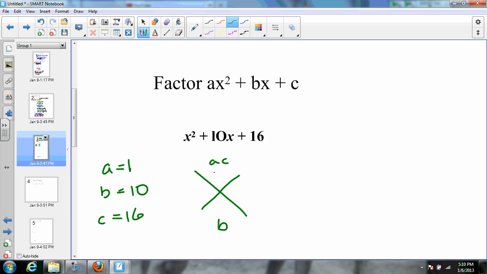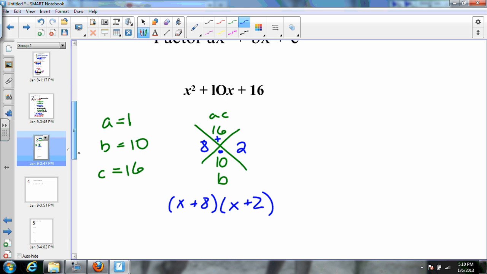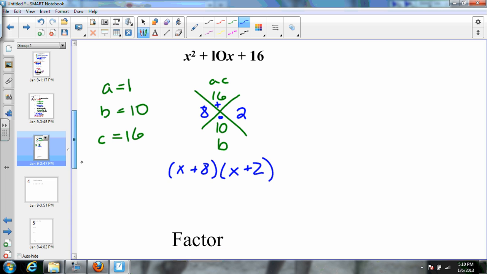So 1 times 16 is 16, b is 10. So we're looking for what two numbers multiply to 16 and add to 10. That would be 8 and 2. We fill them into x plus 8 times x plus 2. And that's your answer.